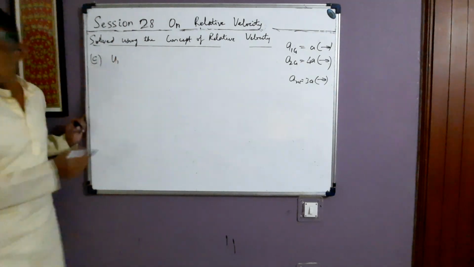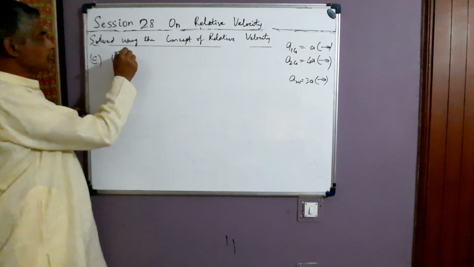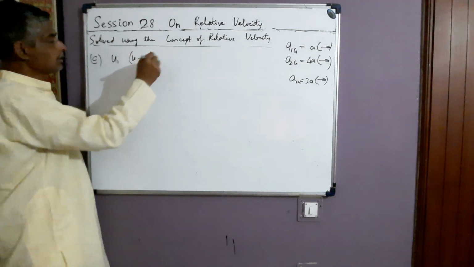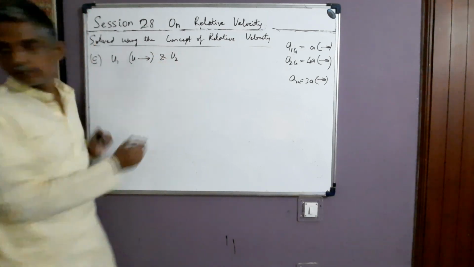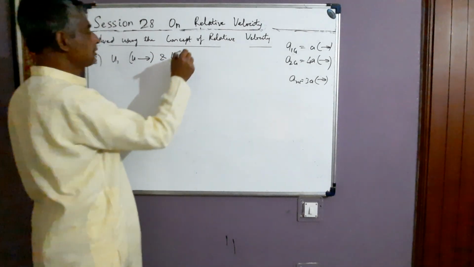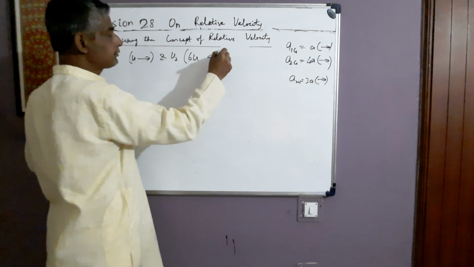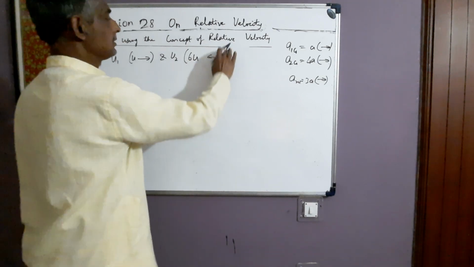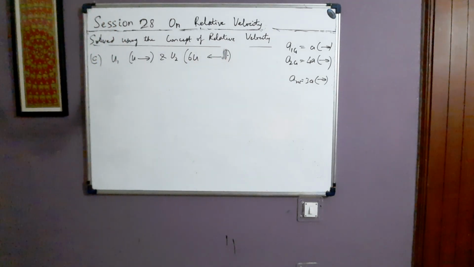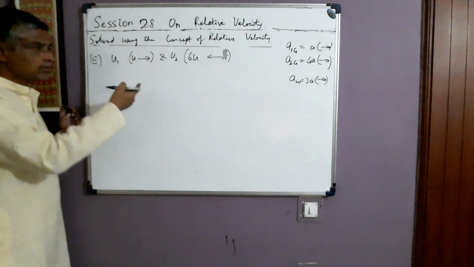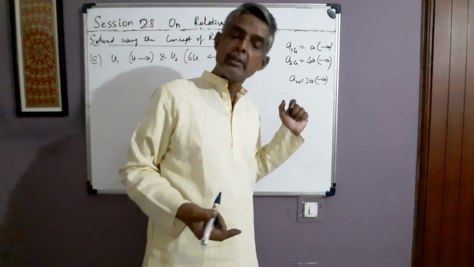P1's U1 is U rightward, and U2 is given to be 6U leftward. So again, we have to find the minimum value of U so that the 2 points collide.